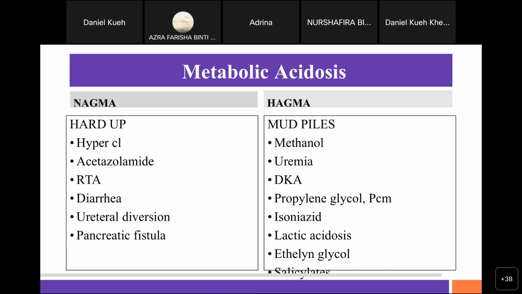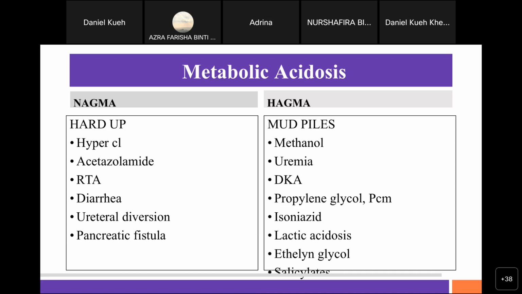So this one also you can use. You can also use this HARDUP for renal, but this one, renal tubular acidosis, you have to go back and study because there are 4 types of renal tubular acidosis and they affect different parts of your nephron differently. And another one for high anion gap is MUDPILES.